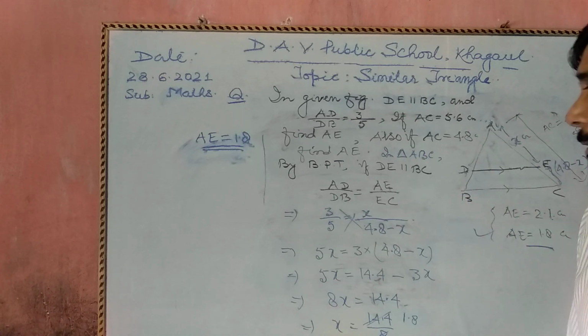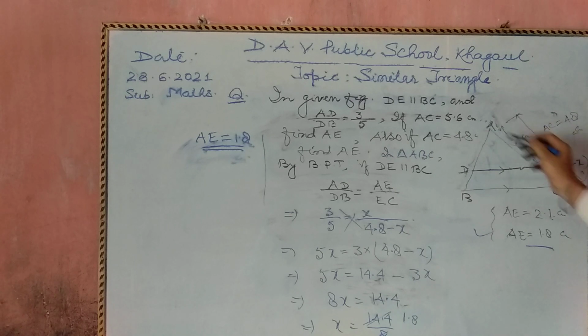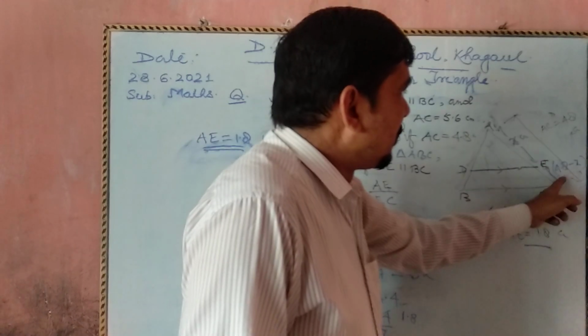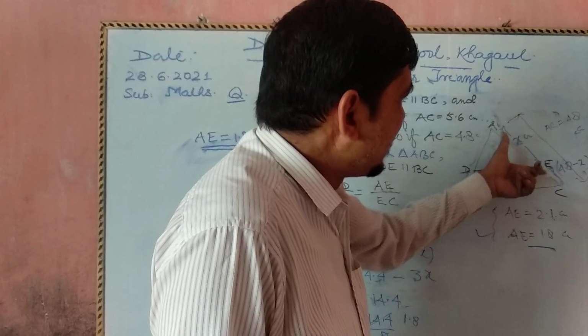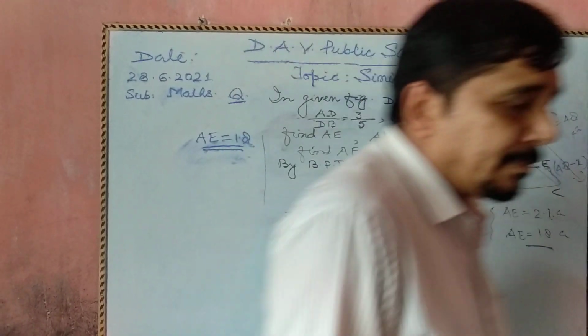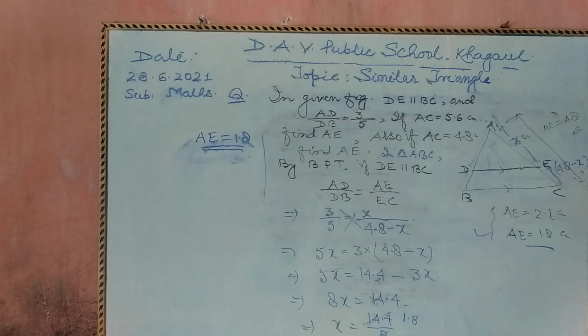Now put the values. Here the length of AC is given. How do we find the value of AE? Let the length of AE be equal to X. Therefore the length of EC should be 4.8 minus X, because in AC, AE is equal to X. So EC is equal to AC minus AE, which is 4.8 minus X. Now put the values in the given relation and solve it.